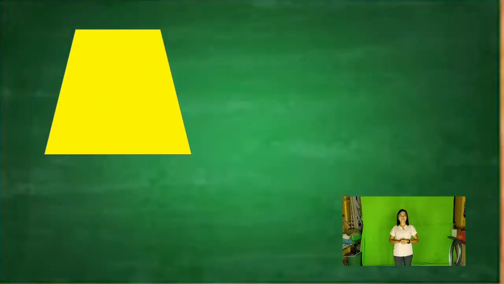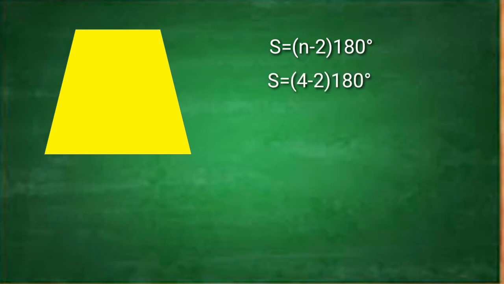Same with the quadrilateral. Since quadrilateral has 4 sides, so we have n is equal to 4. So we have S is equal to the quantity n minus 2 times 180 degrees. So we have to substitute the value of n. So we have S is equal to the quantity 4 minus 2 times 180 degrees.